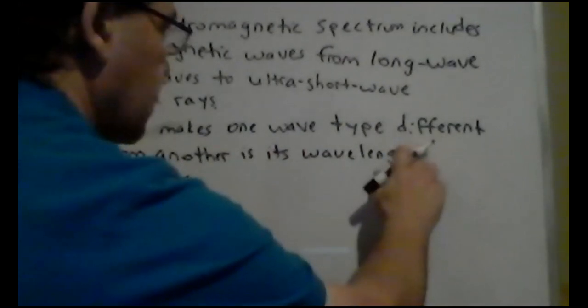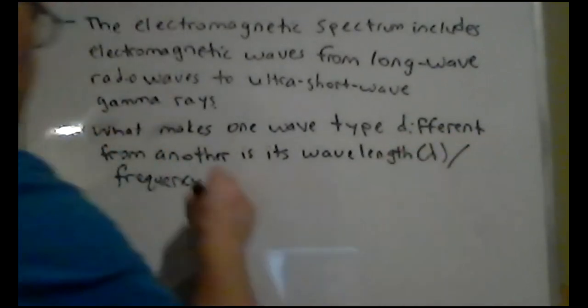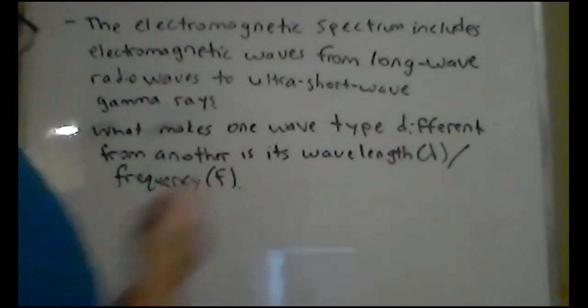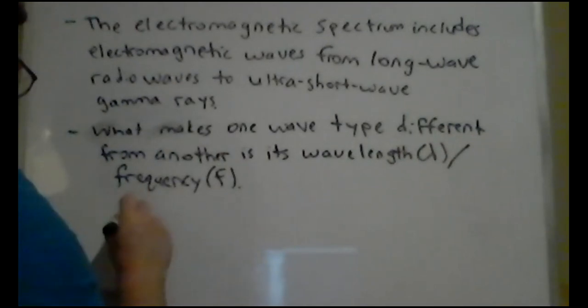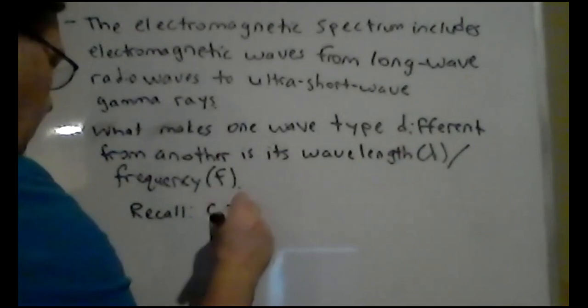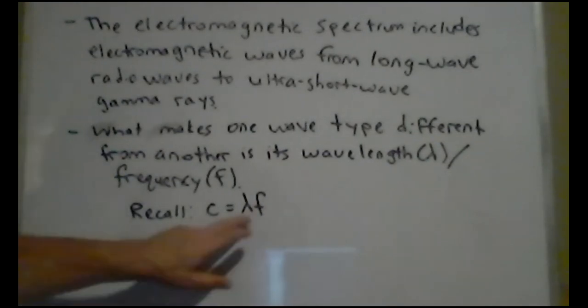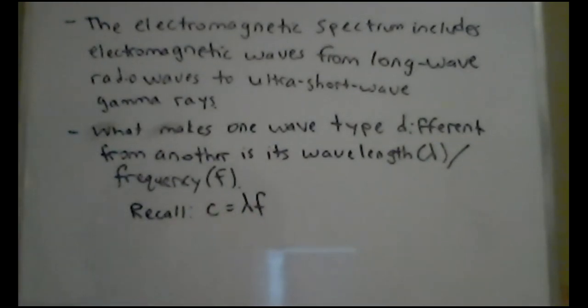So you can say it's wavelength lambda or its frequency f. Recall that c equals lambda f. So long wavelengths have small or low frequencies, whereas small wavelengths have very high frequencies. We covered all that in chapter 24.